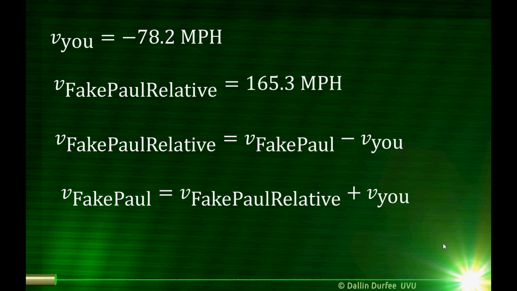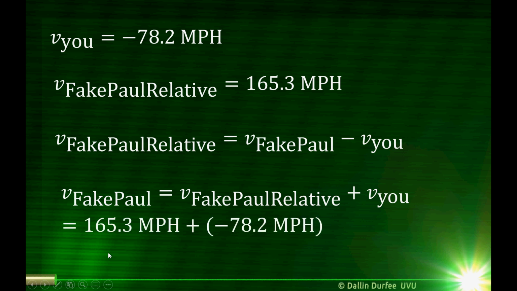That means that the velocity of the fake Paul McCartney in the Earth reference frame is the velocity of the fake Paul McCartney in your reference frame plus the velocity of you relative to the Earth reference frame. So the velocity of fake Paul in the Earth reference frame is the velocity of fake Paul in some other reference frame plus the velocity of that reference frame. So the velocity in your reference frame is 165.3, but your velocity is negative 78.2 miles per hour. We add them together, and we find that the velocity of the fake Paul McCartney in the Earth reference frame is 87.1 miles per hour going in the plus direction, going north.